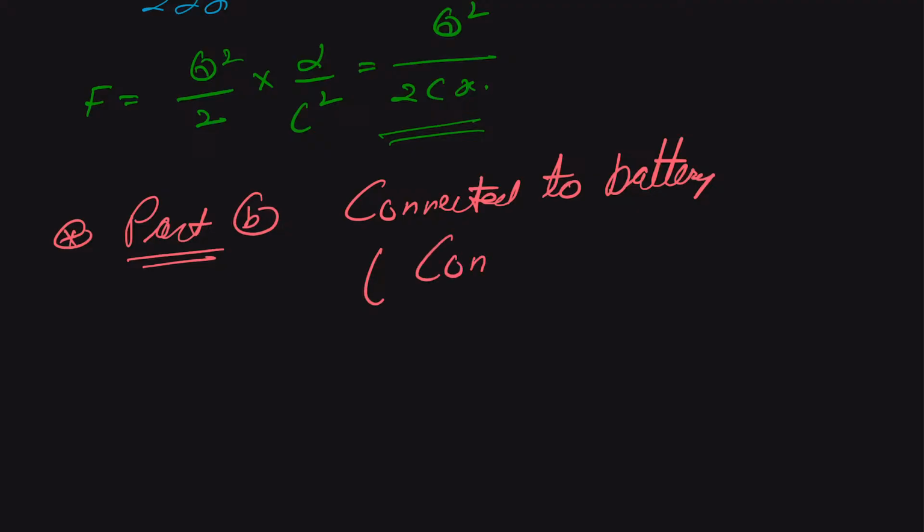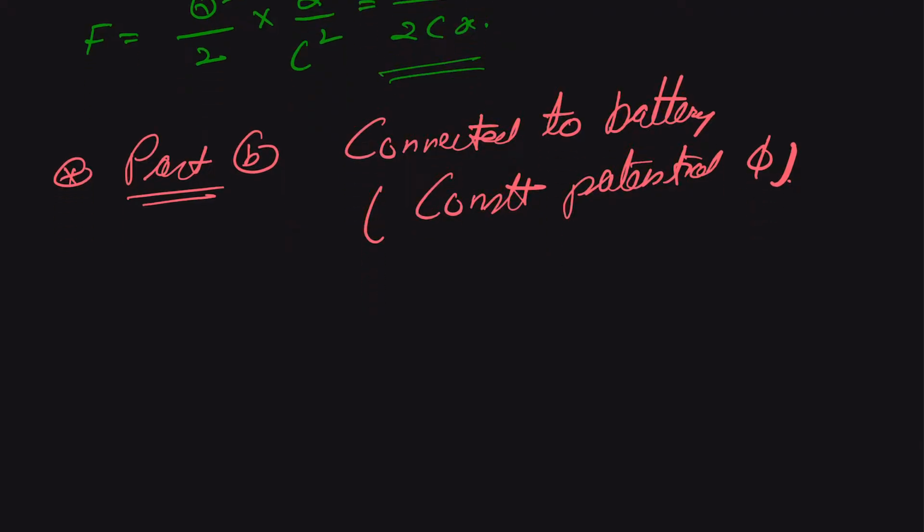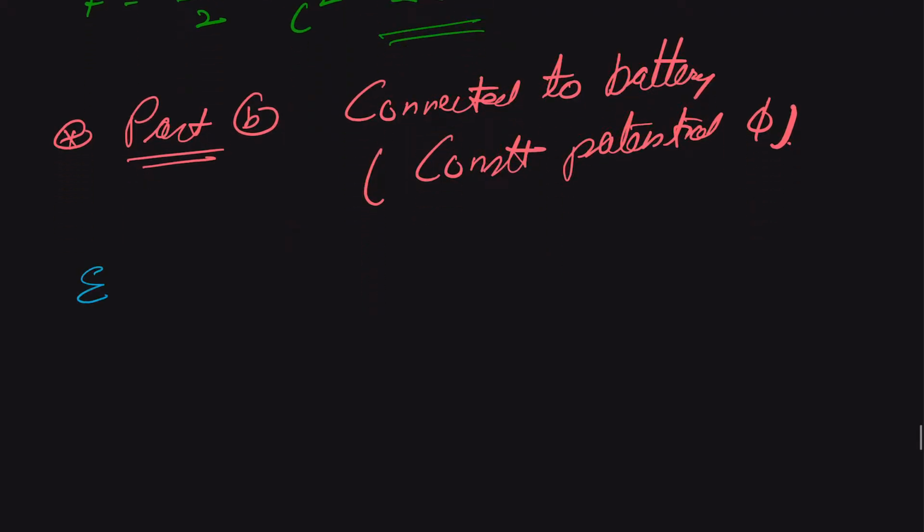So you can say constant potential phi. And in that case, we can write that the energy U will be equal to half C potential squared. So we already know C is alpha times X, times potential squared.